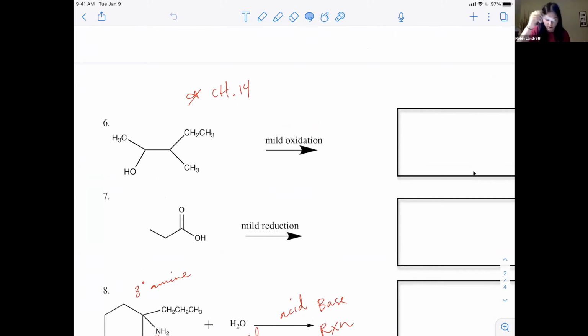Because an alcohol oxidized. It depends if it's primary, secondary, or tertiary. Oh, that's what we talked about. Okay, got it. Never mind. Ignore that.